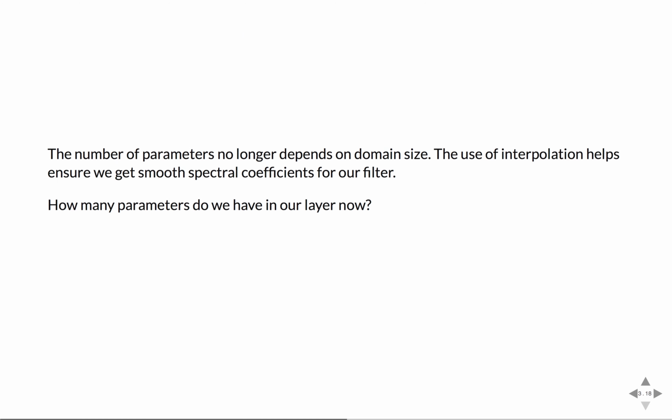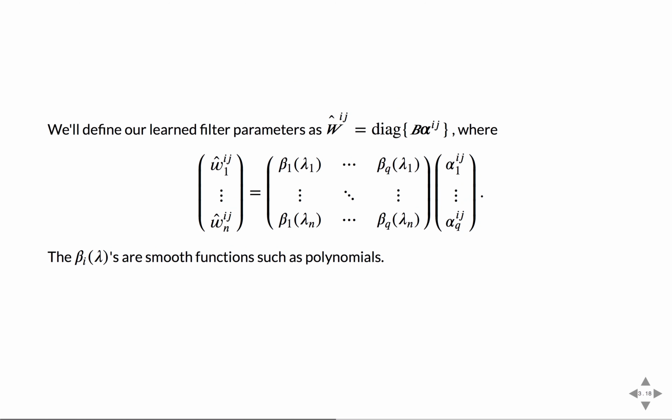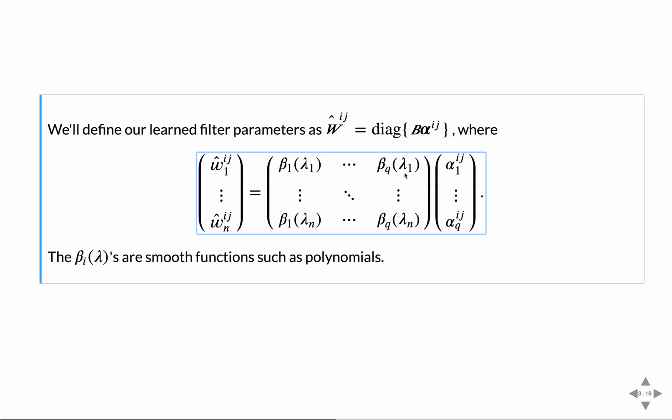First, we'll use interpolations of the Laplacian eigenvalues instead, and this will address the first two drawbacks which we saw. So the first change is we'll define our learned features as a diagonal matrix defined by this term. We use a constant matrix B, which is a family of functions, these betas, applied to the eigenvalues of the Laplacian, and we only have q parameters.